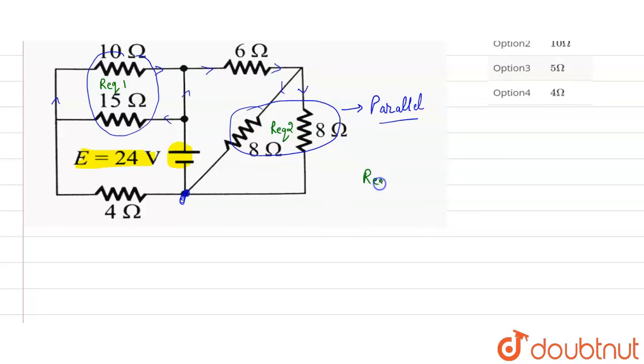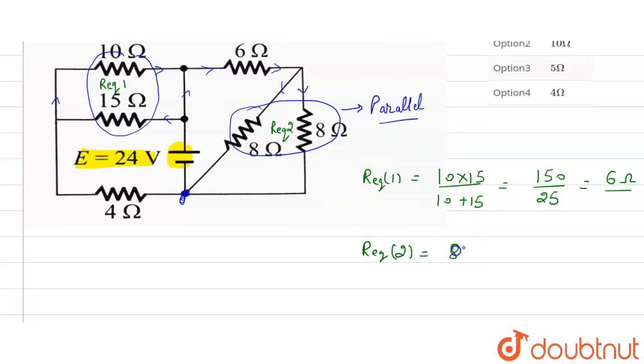R equivalent 1 will be, as they are in parallel, 10 into 15 upon 10 plus 15, which is 150 by 25, or 6. Similarly, R equivalent 2 will be 8 into 8 upon 8 plus 8, so 64 upon 16, or 4.